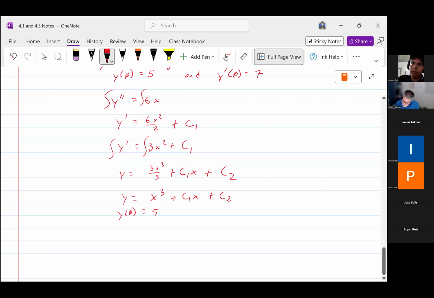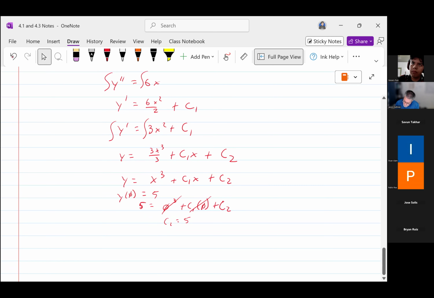So if I plug in zeros here, it tells me that C2 is equal to 5. Let's say, okay, 5 is equal to 0 cubed plus C1 times 0 plus C2. So this is going to be 0, 0, C2 has to be 5. Okay, it's good to know.